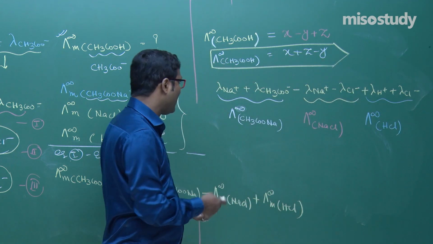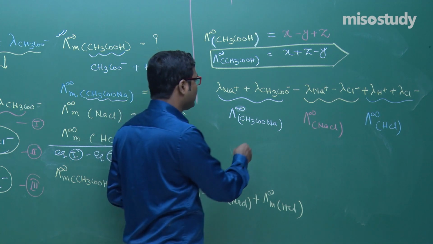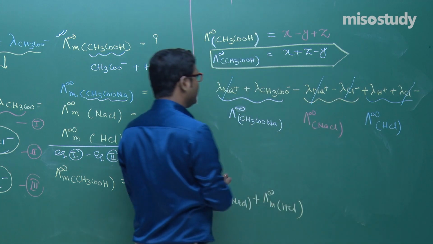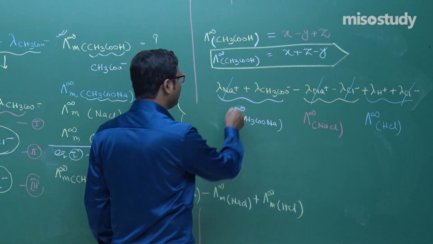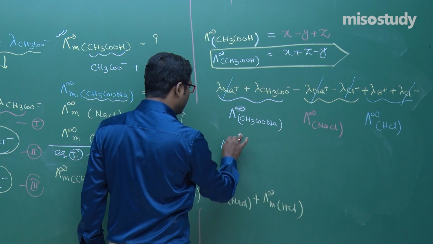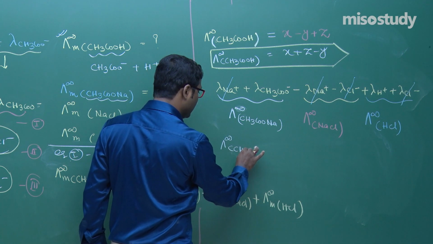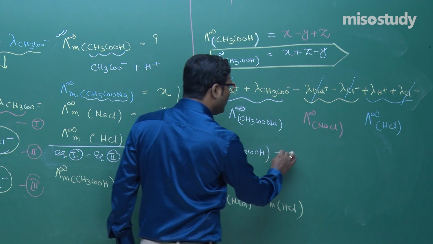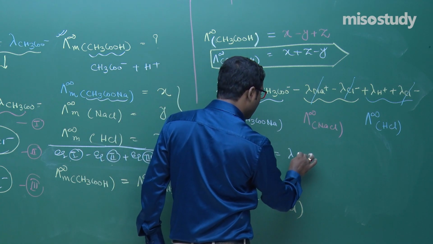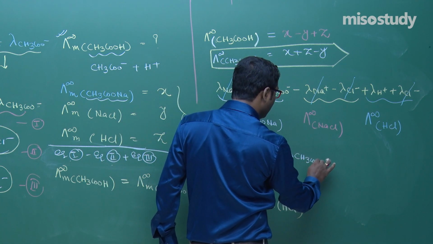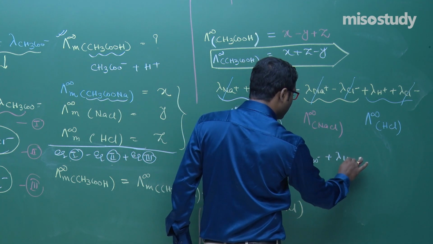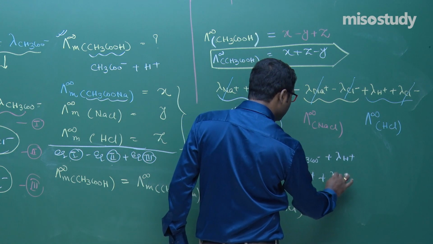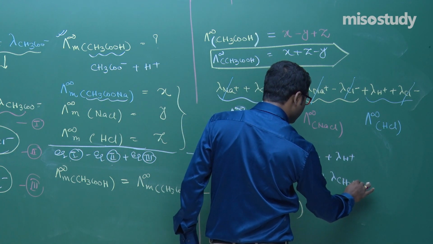Clear to you? Now again check that this will cancel this one, this will cancel this one. What we get finally is the molar conductivity of CH3COOH equal to lambda H+ and lambda CH3COO-.